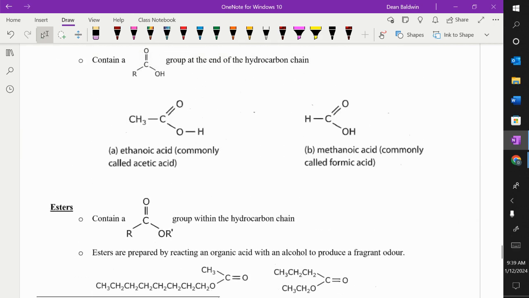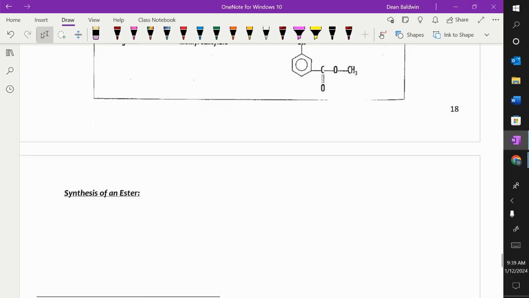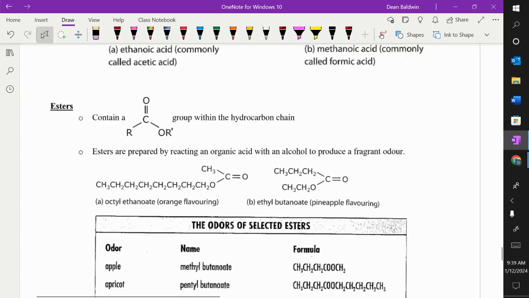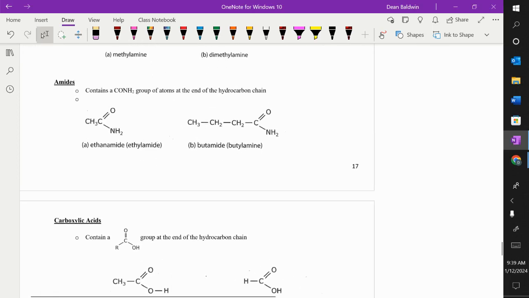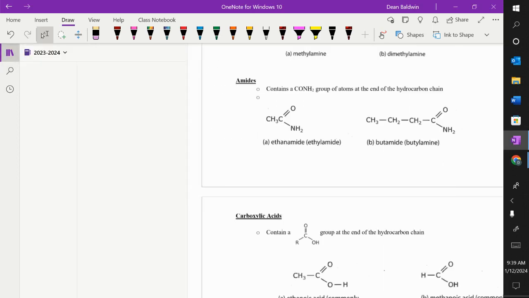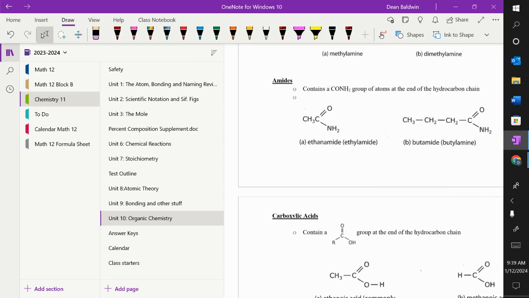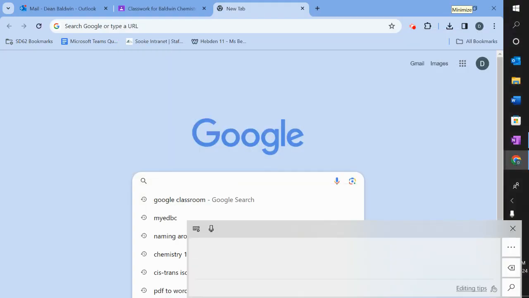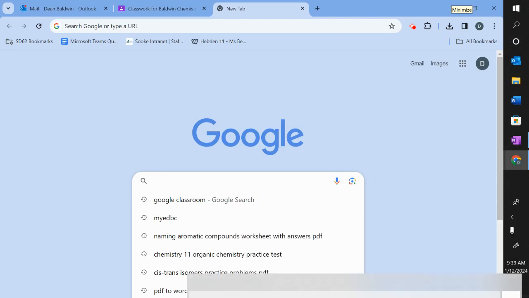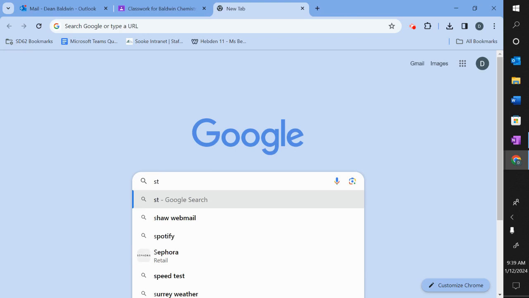What do I want you to be able to do? Circle the groups. I will give you a molecule. Let's look at a steroid.